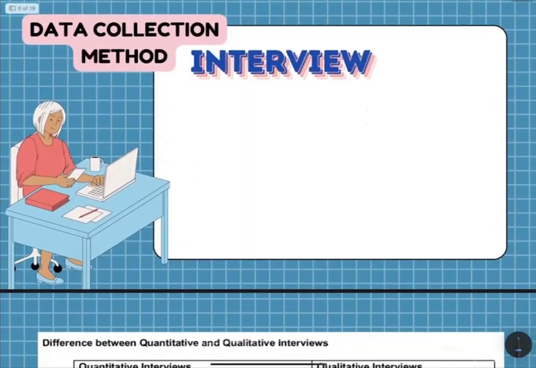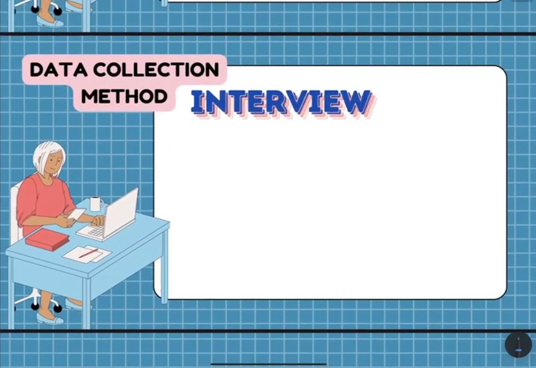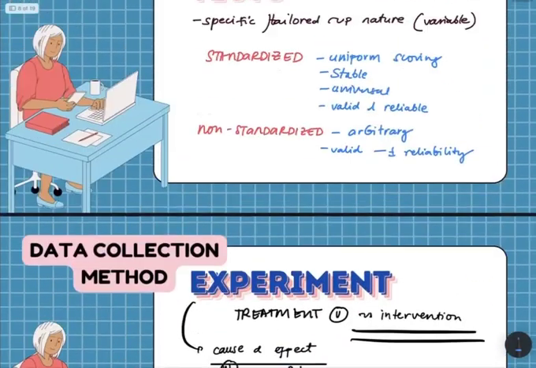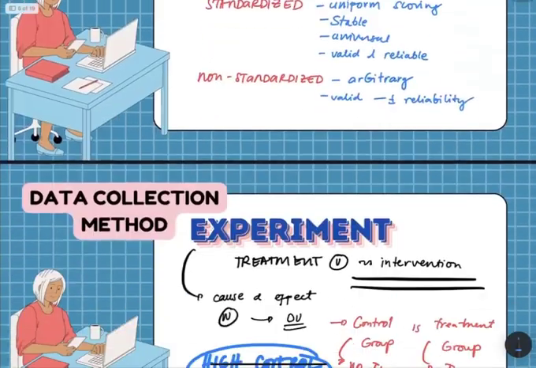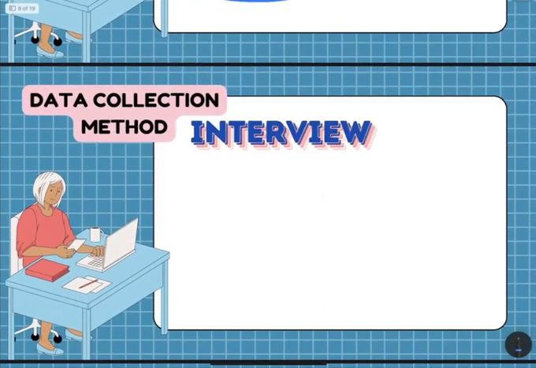Okay. Then another one is, of course, our interview. You may probably be wondering, sir, why do we have interview when interview is actually a qualitative method? Well, not exclusively. We can still do interview even though we are gathering quantitative data. In interview, our tool or instrument is, of course, your interview guide or your schedule.